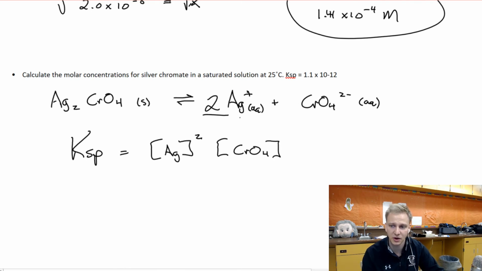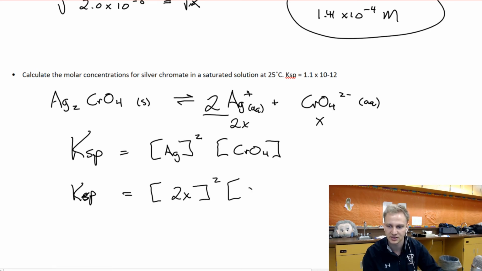Now it's also worth noting, if you remember our ICE box questions, we assigned x values to say how much it will change. Because this one has a balancing coefficient of 1, it will just be x, and this one would be 2x. So now when we rewrite this KSP expression, we need to write it as 2x squared, and this one as just x.